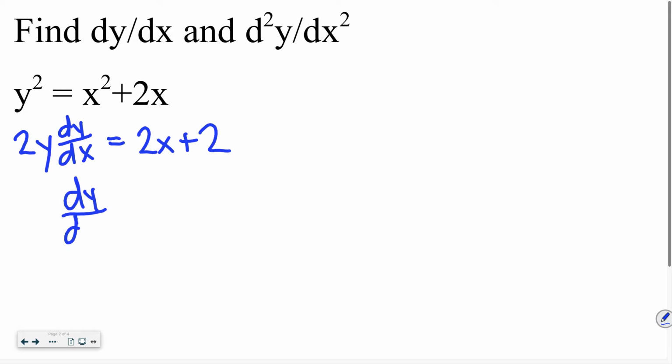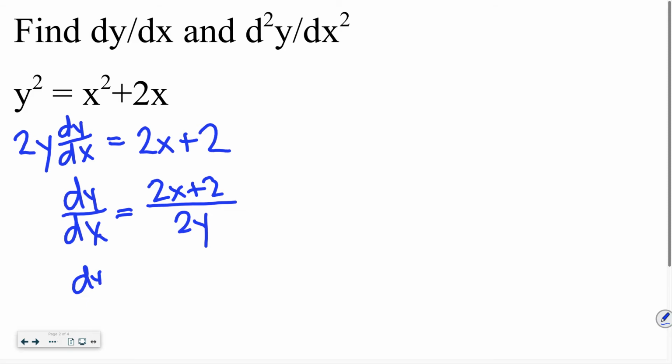So when we find dy dx, we have 2x plus 2, and then we would divide that 2y over. Now, normally I'd say, you know what, just leave it the way that it is. But since we have to take this and find the second derivative, I'm going to go ahead and simplify, because when we find another derivative, simplifying makes our lives a little bit easier.